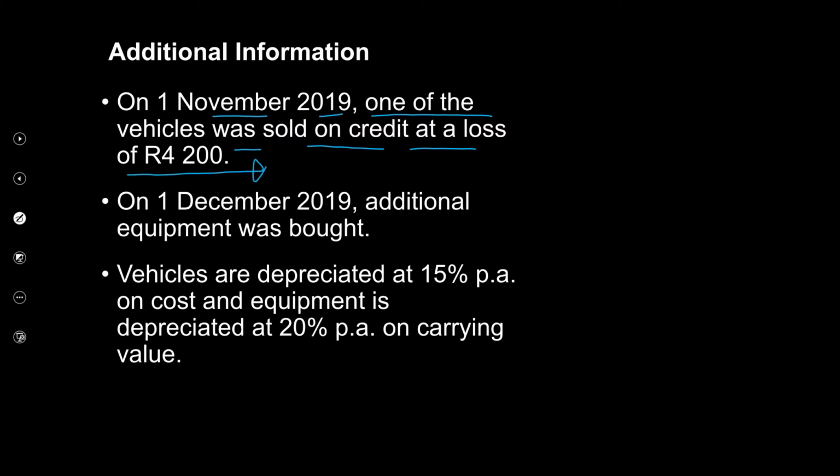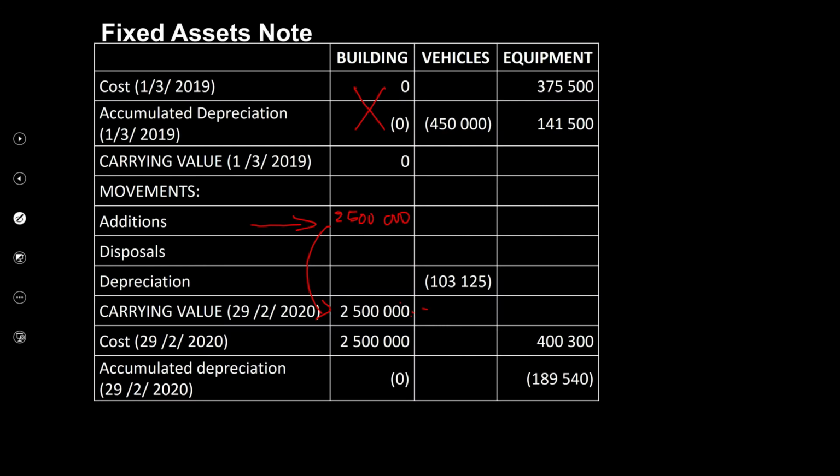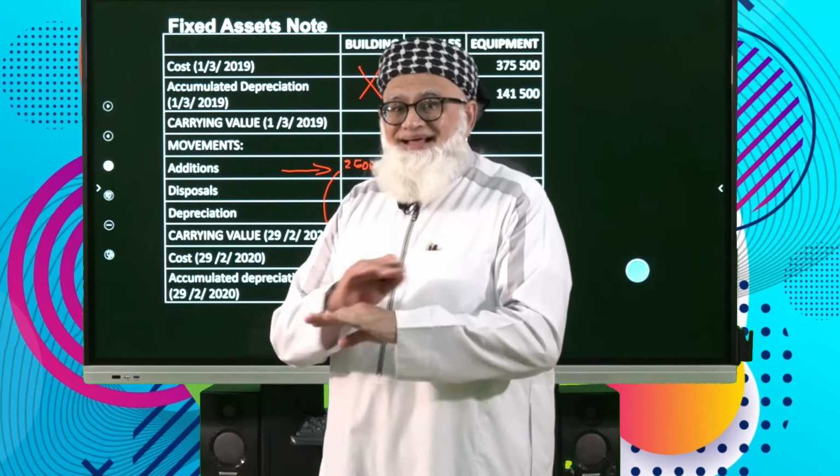Vehicles are depreciated at 15% per annum on cost. Now look at the information that we have here. All that you are told is that the accumulated depreciation on your vehicles at the beginning of the year amounts to 450,000 Rand. Remember, it was 4 vehicles, all of them identical.